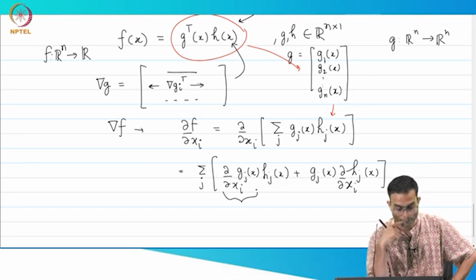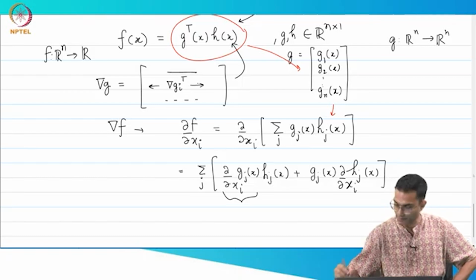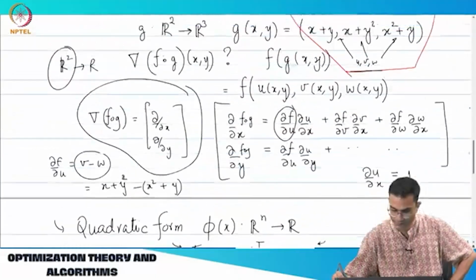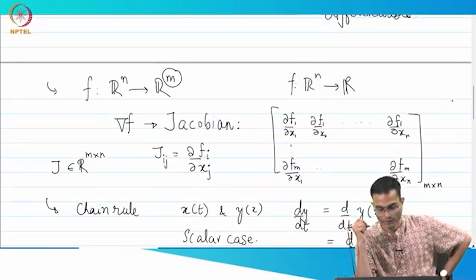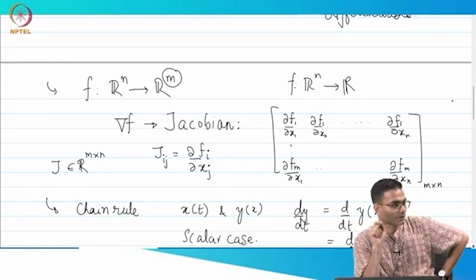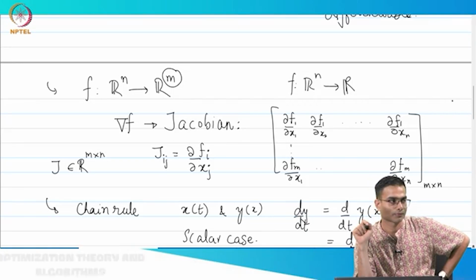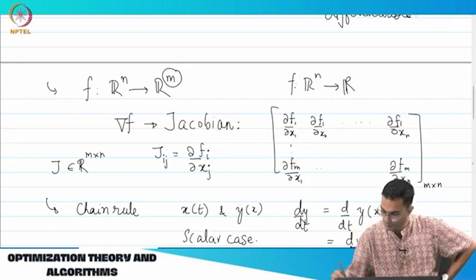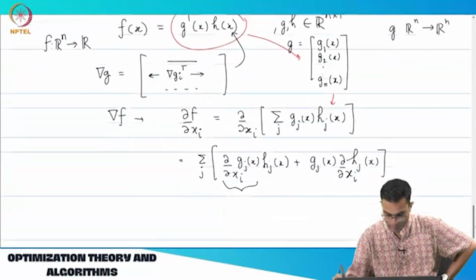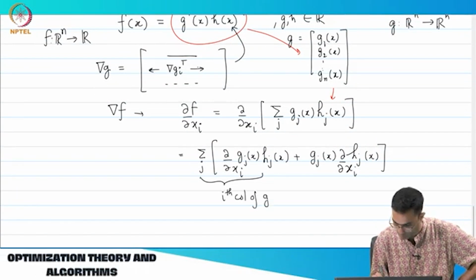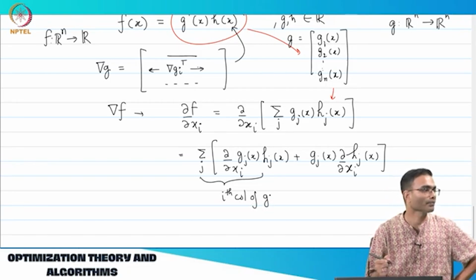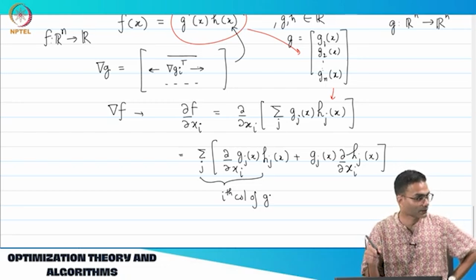Is it the jth row? Remember, what is constant over here is i. So let's look back once again at the definition of the Jacobian. If I keep xi constant, am I talking about a row or a column? I'm talking about a column. So this, including the summation, is basically the ith column of grad g, which is getting multiplied by the entire h vector.